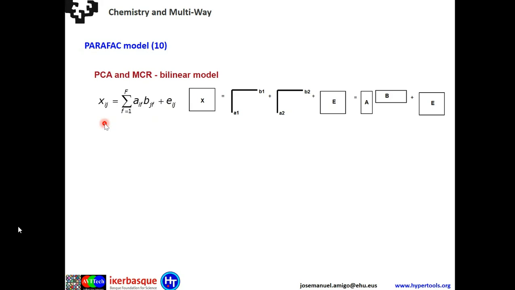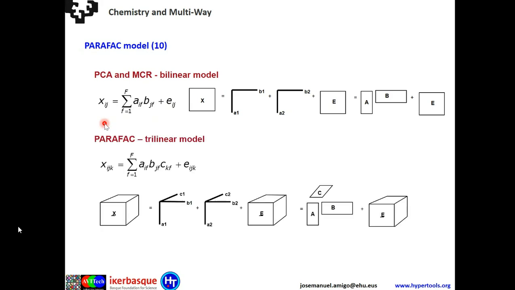Okay, so actually the three-way methods, and let's focus on Parafac, parallel factor analysis. That's not the same, but graphically speaking, it can be assimilated if we understand that instead of dividing this matrix into two, now that we have a three-way structure, we will divide it into the product of three submatrices, with special conditions, of course, depending on the algorithm.